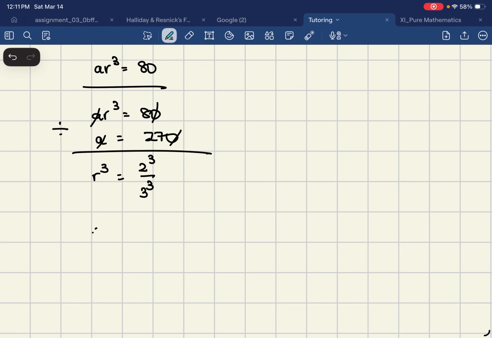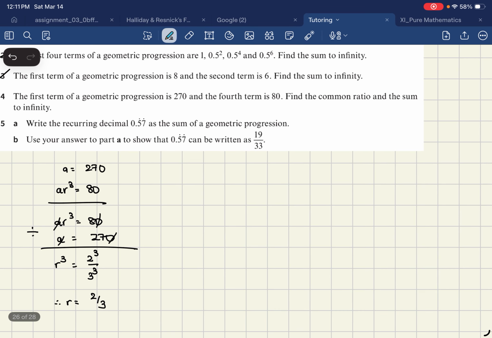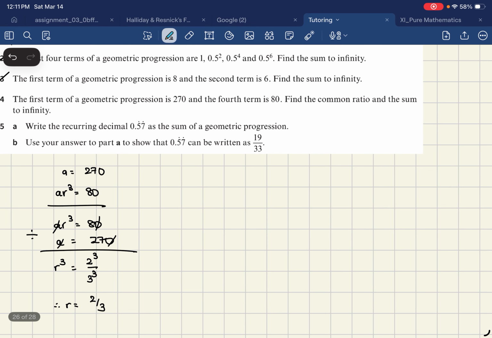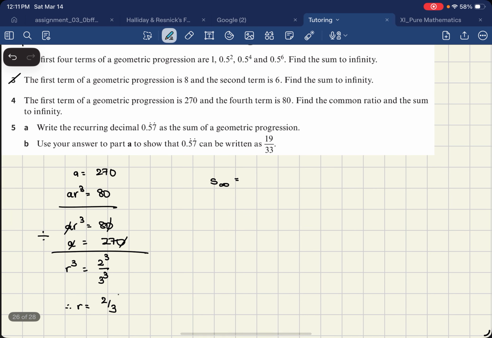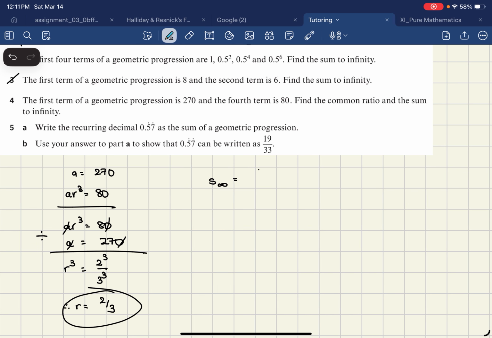So you get R is equal to 2 over 3. So this is a similar question we have done in the previous videos. And now what we do is we want the sum to infinity, right? So this is the common ratio. And the sum to infinity is just 270, which is A, divided by 1 minus 2 over 3. 270 divided by 1 over 3. And that is just 810.